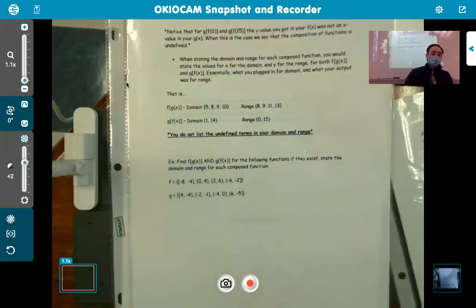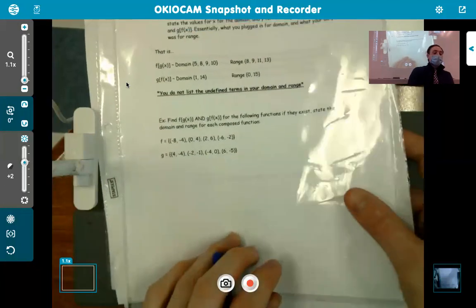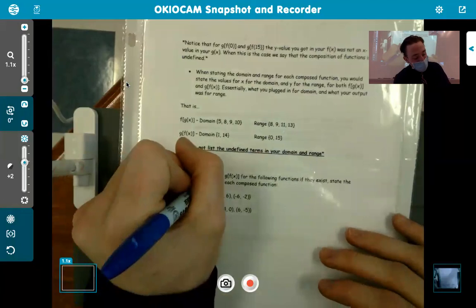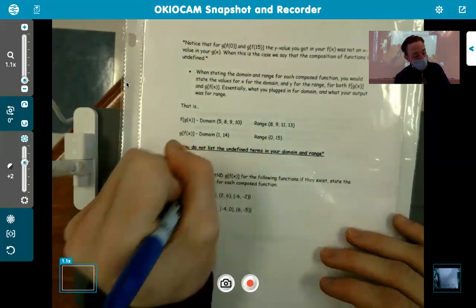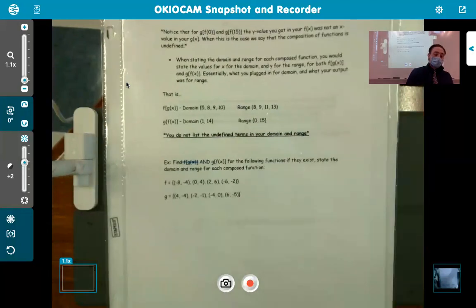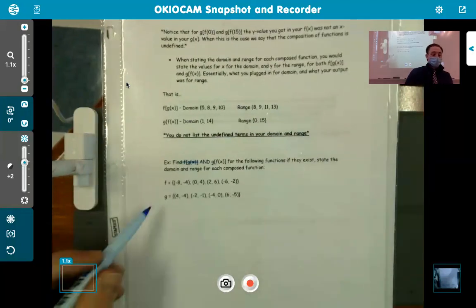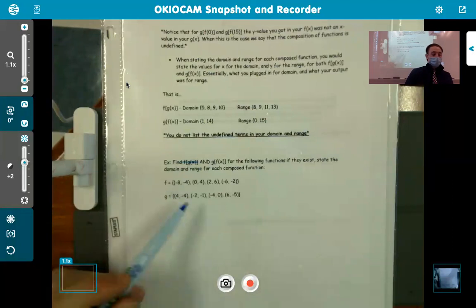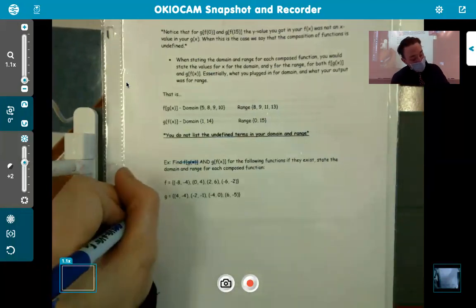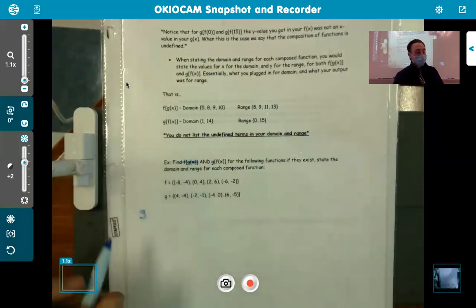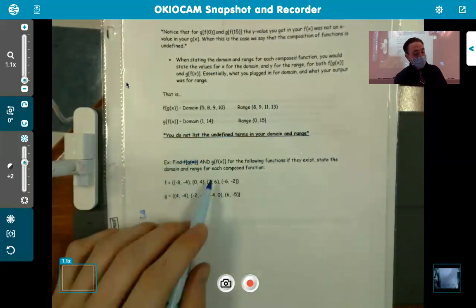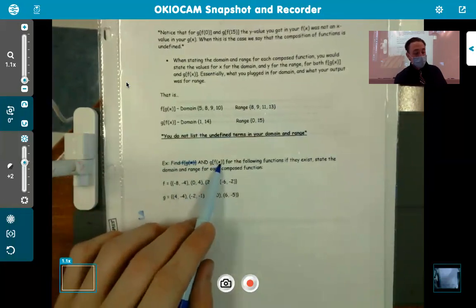Okay. We're going to do another example. We're not going to find both compositions. We're actually just going to find the g of f of x here. So if you want to cross off that first composition, that's fine. We're going to go through and do the same process as we did before. You can start each problem, if you're doing composition of functions, by writing all the x values for the inside function.